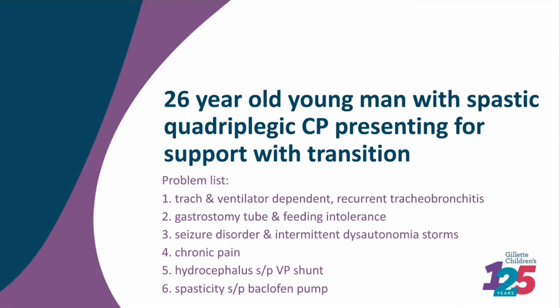They have a G-tube and chronic feeding intolerance, a seizure disorder, and intermittent dysautonomia storms, which can be quite severe, chronic pain, hydrocephalus with a VP shunt, spasticity with a baclofen pump. I'd say this is my bread and butter patient that I see all day long, but it certainly is not bread and butter, I think, for probably most people that don't work at Gillette.